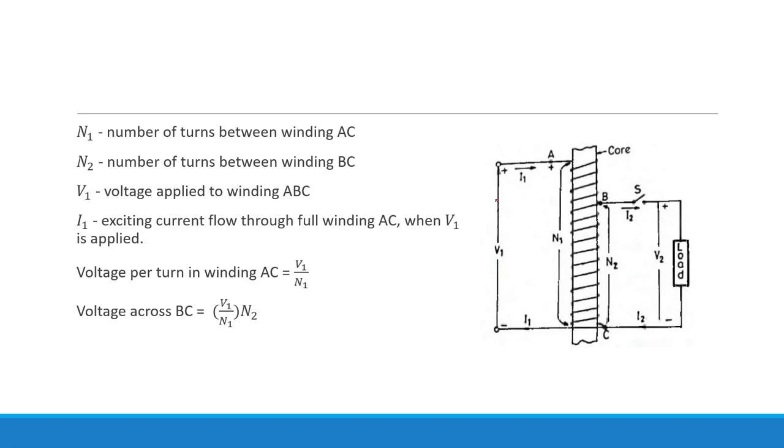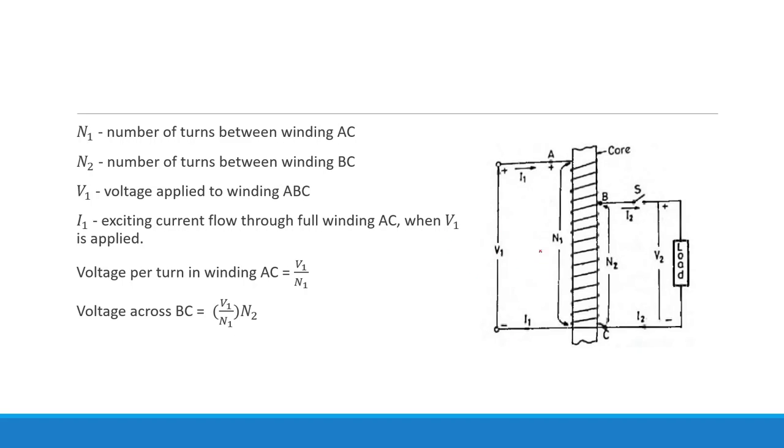The applied voltage, the supply voltage, that will be V1 here, and it will be supplied between A and C. And so you could observe one thing here, that the B will also come in between. So the supply will be given to A, B and C. So voltage applied here, that is your V1.